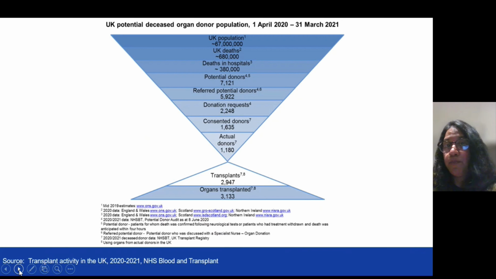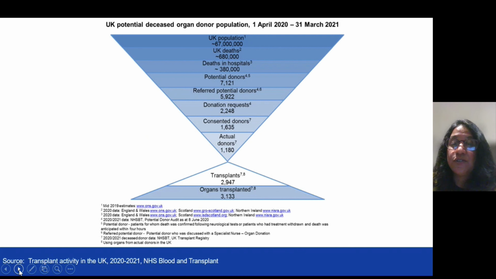If you take the UK population to be about 67 million and the death rate to be about 680,000, as we've said, only 1% of deaths can proceed to donation because deaths have to happen in an intensive care unit to proceed with donation. The patient has to be on life support. So the number of potential donors sits at about 7,000.